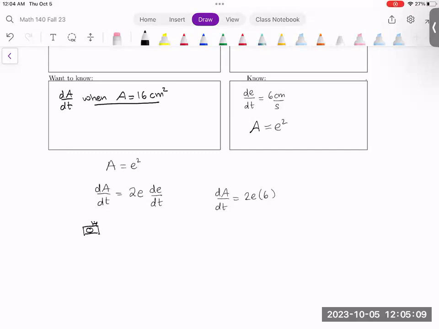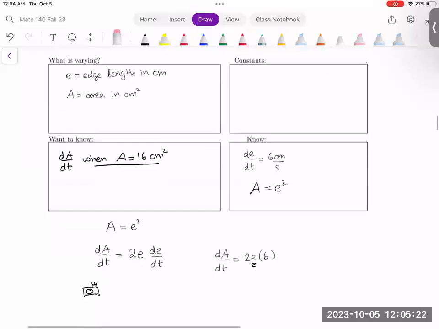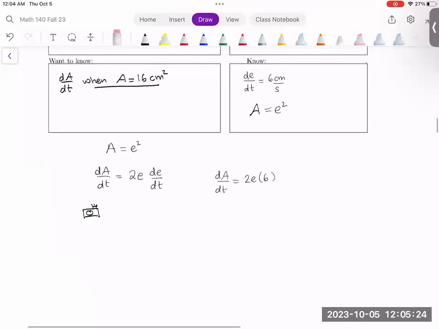So what we're going to do here is we are interested in the edge length when the area is 16 centimeters squared. Okay, and so let's figure out what that edge length should be. Our area is 16, and this is equal to E squared. So our edge length at that moment is going to be equal to 4.